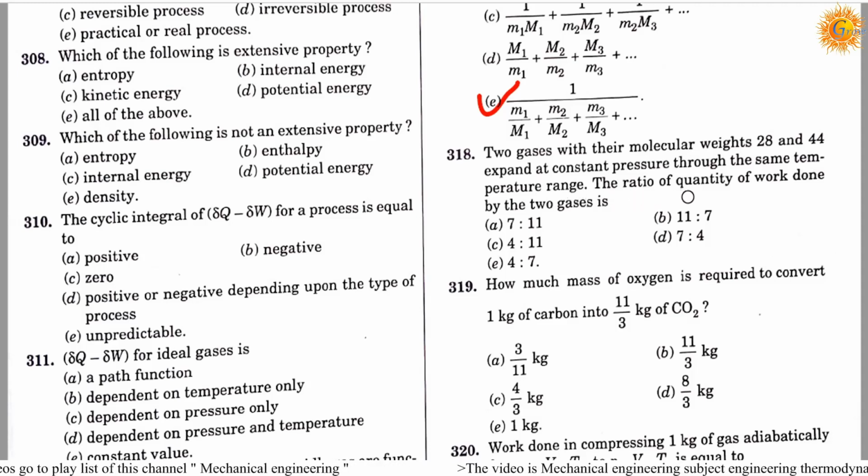The ratio of the quantity of work done by the two gases is: option A, 7 to 11; option B, 11 to 7; option C, 4 to 11; option D, 7 to 4; and option E, 4 to 7, meaning 4 ratio 7. So the correct answer is B. It will be 11 ratio 7.